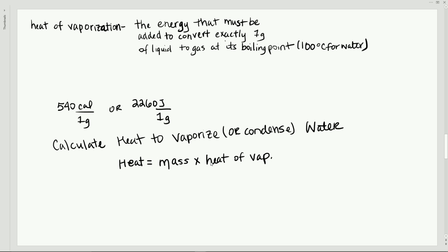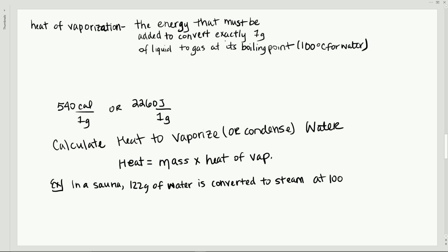So we'll do an example problem, which says in a sauna, 122 grams of water is converted to steam at 100 degrees Celsius. So steam is gaseous water.